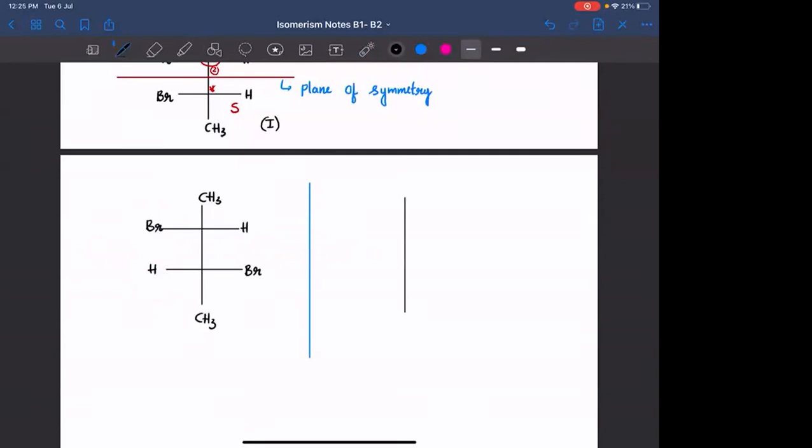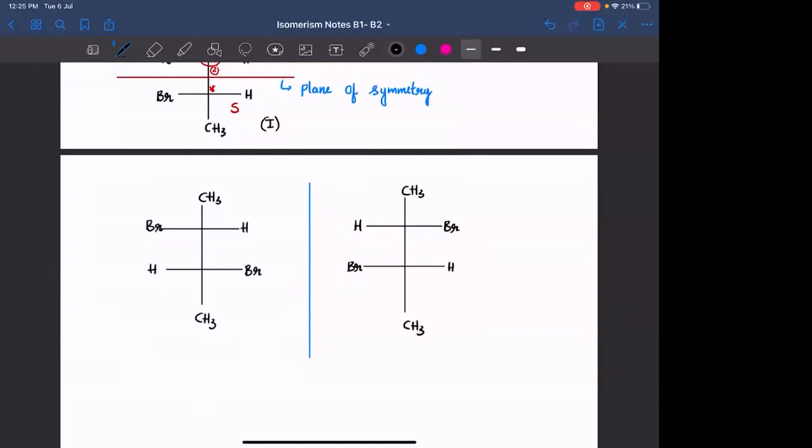It will be having a non-superimposable mirror image of it, which is also called enantiomer. It will be having its own enantiomer. So यहाँ पे CH3 है तो यहाँ पे Br होगा, यहाँ पे हाइड्रोजन होगा, Br है, हाइड्रोजन है, CH3.